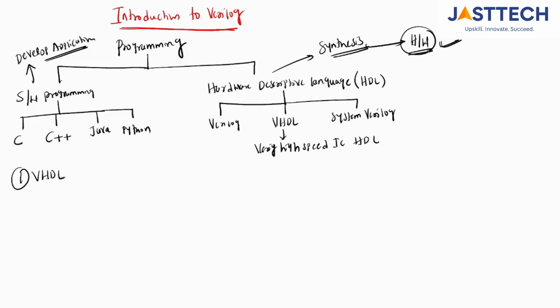We have VHDL. VHDL means Very High Speed Integrated Circuit hardware descriptive language, and it is highly secure. It is mainly used in defense and academics. It has hard syntax, hard to learn, and it follows old languages like Ada and Pascal.